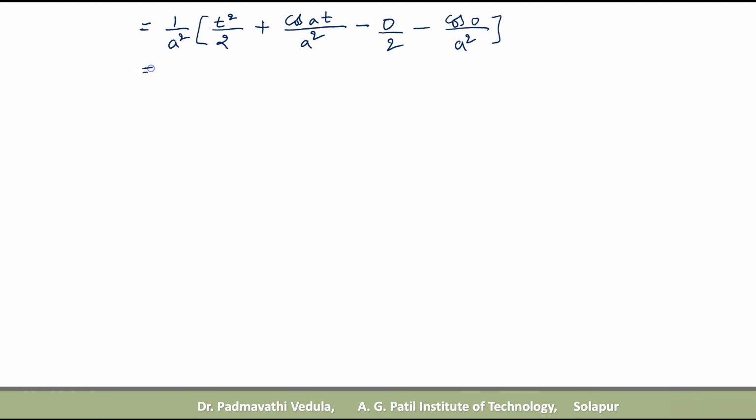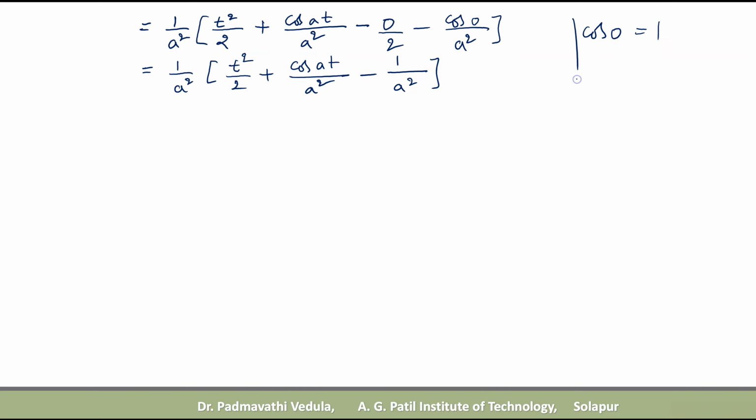That is 1 by a square into t square by 2 plus cos at upon a square. The third term is 0 and the fourth term is minus 1 by a square, because the value of cos 0 equals 1. So this is the required inverse Laplace transform of 1 by s cube into s square plus a square.